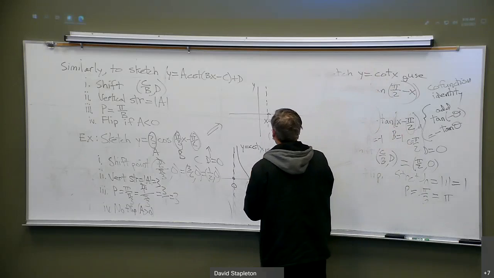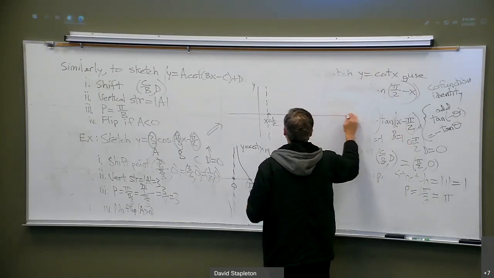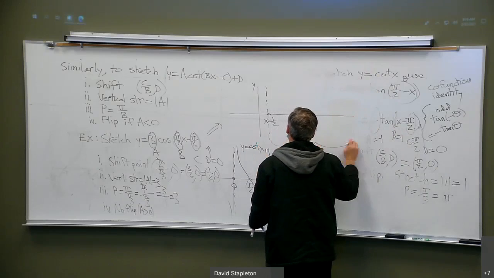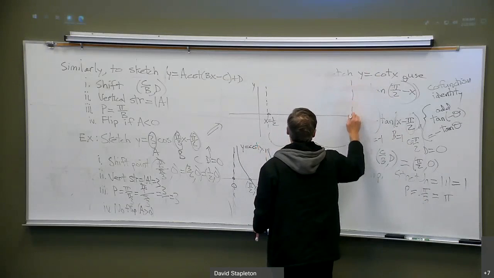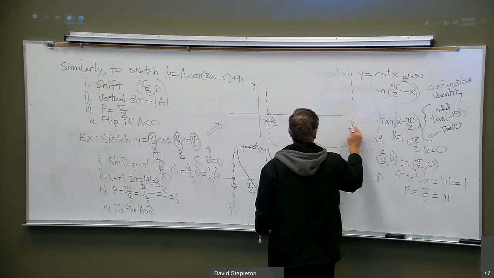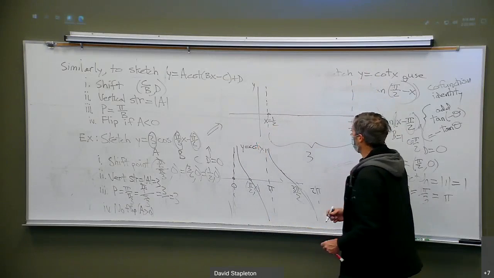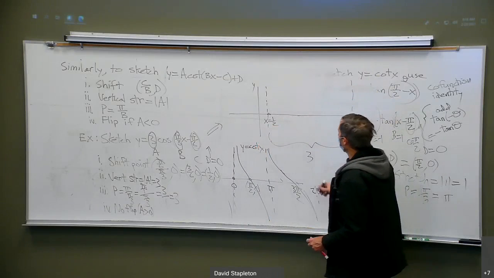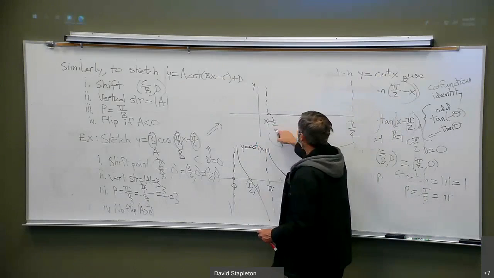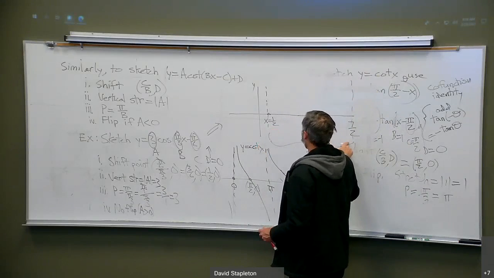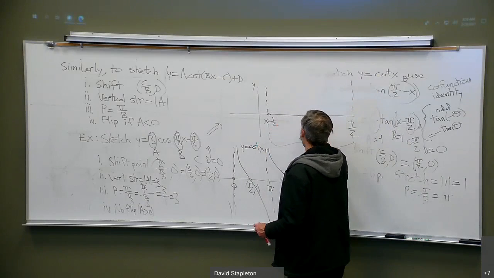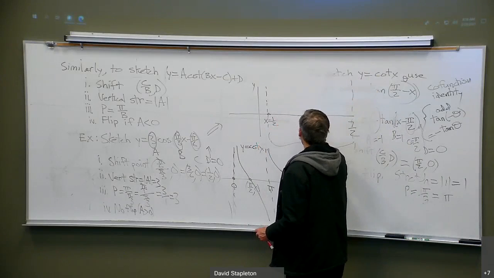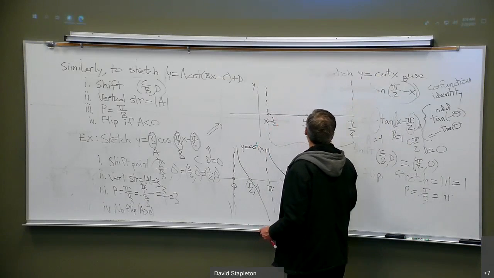So I'm going to have another asymptote 3 units later at 7 halves, right? 1/2 and 3 is 7 halves. Then it's going to cross halfway in between. Halfway between 1/2 and 7 halves is 4 halves, right? Halfway between 1 and 7 is 4. So 4 halves or 2.